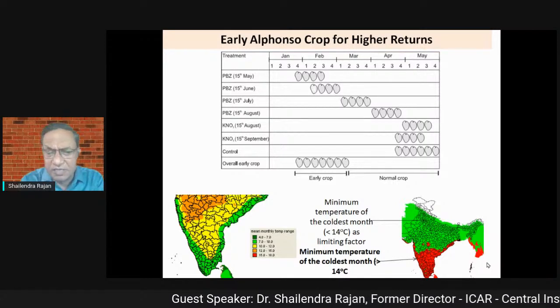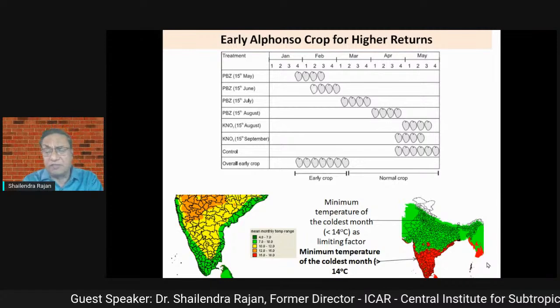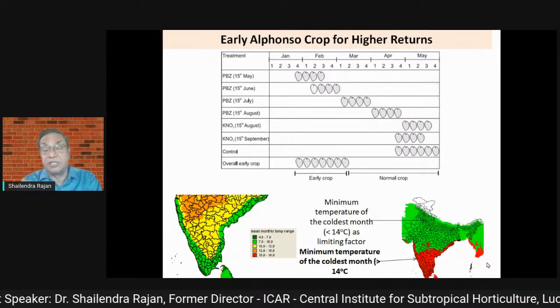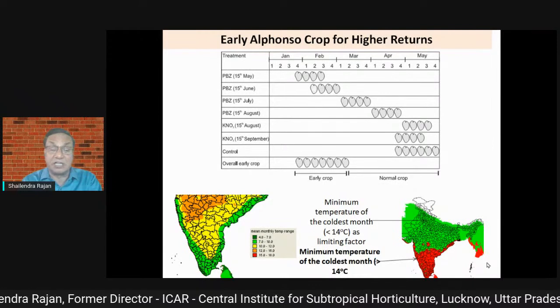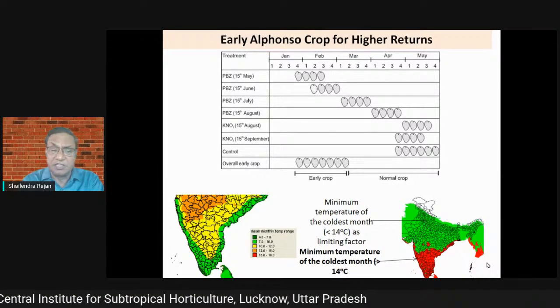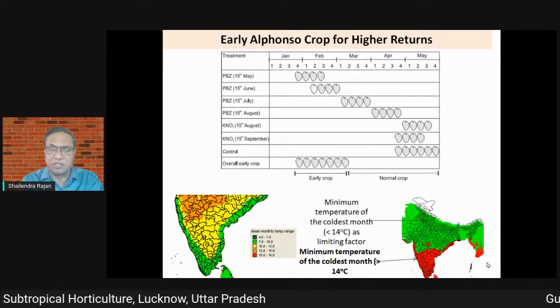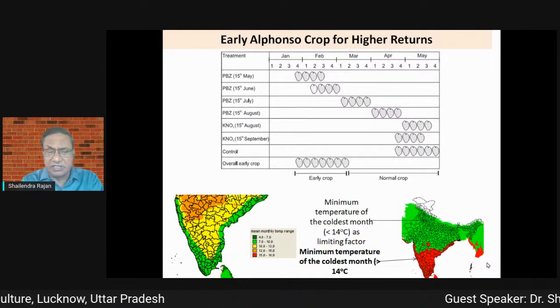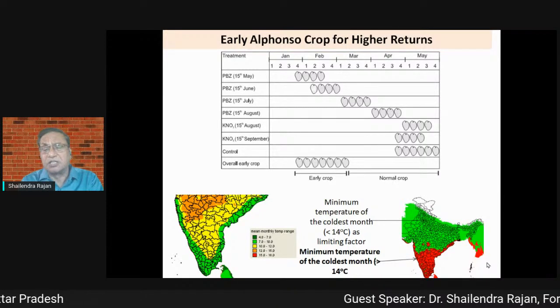So we found that paclobutrazol can induce early flowering, but it is not possible in the entire country, and sometimes it is harmful. If we induce early flowering in the north, particularly in the subtropics, there is damage due to frost and low temperature, and with no pollinator activity, the crop is lost.